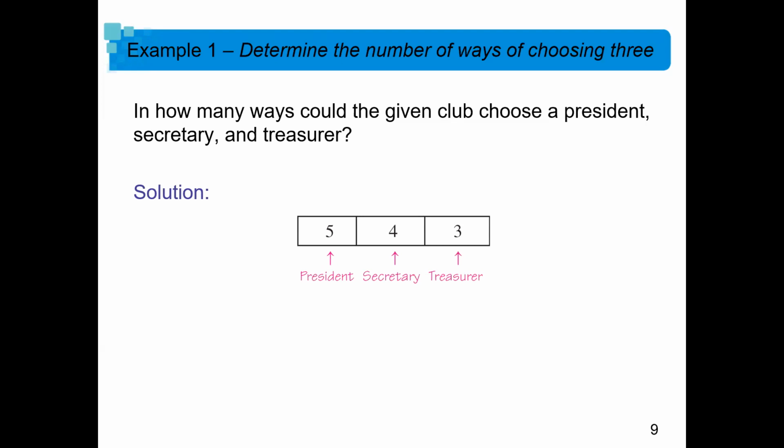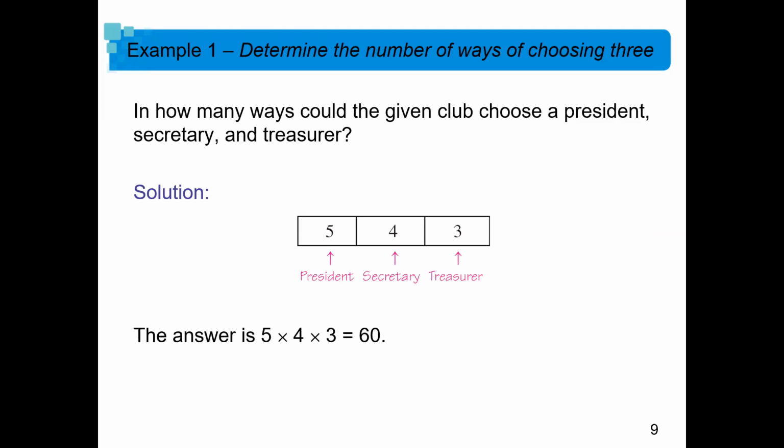Then if we have already chosen a president, there are four names remaining who are qualified to be secretary. And after choosing a secretary, there are only three names remaining to choose from as treasurer. So the answer is 5 times 4 times 3 or 60. So there are 60 ways of which this could go about.